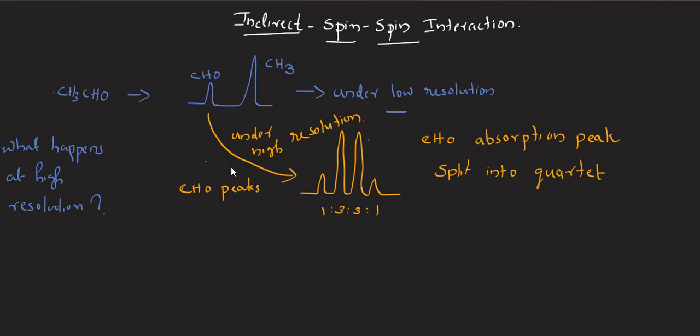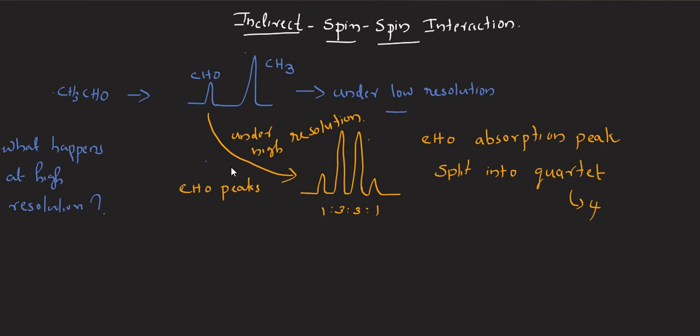Doublet means two, triplet means three, in the same way, quartet means four. So this is what we see under high resolution. When the resolution is increased, we can see that the CHO peak is not one. It is a collection of four peaks with intensity 1:3:3:1.